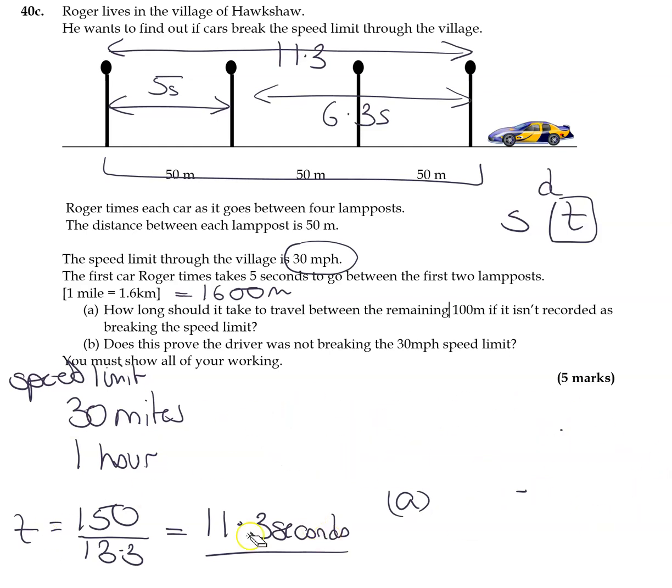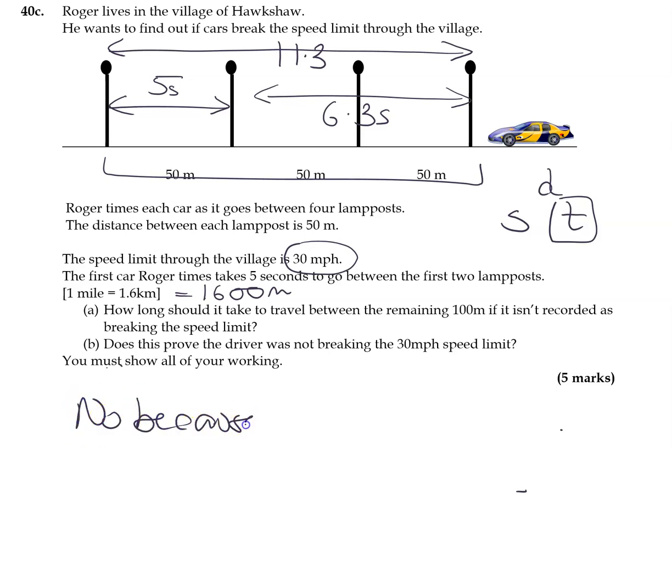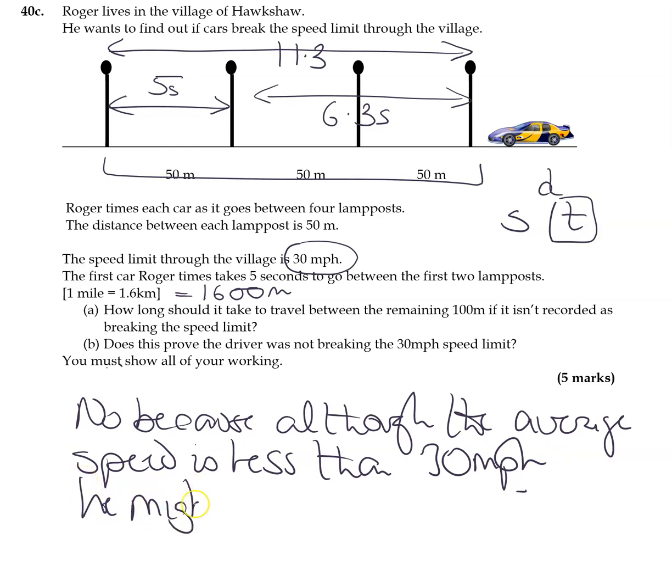So for part B, what you're trying to get across is no, because although the average speed is less than 30 miles per hour, or 13.3 metres per second, he might have gone fast and then slow.